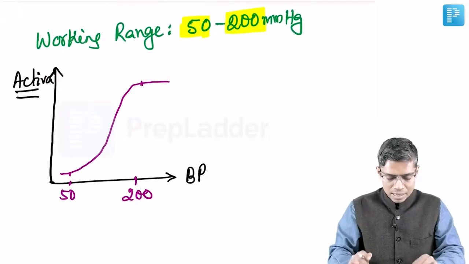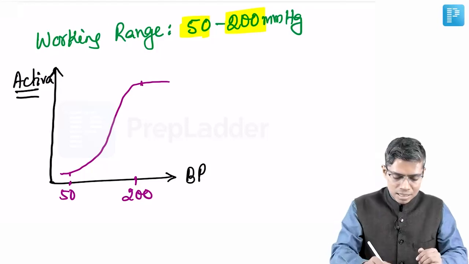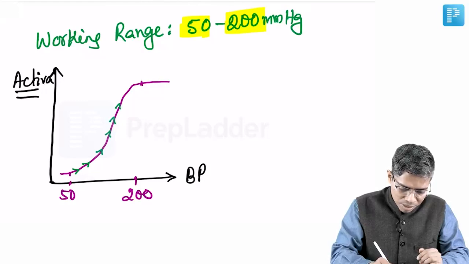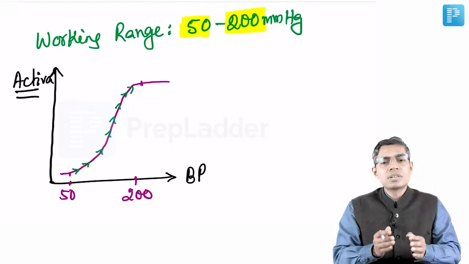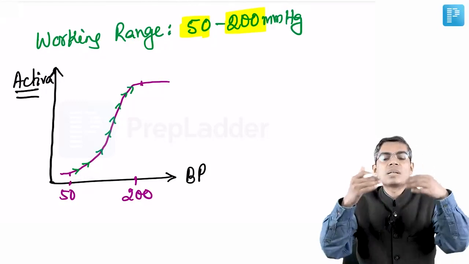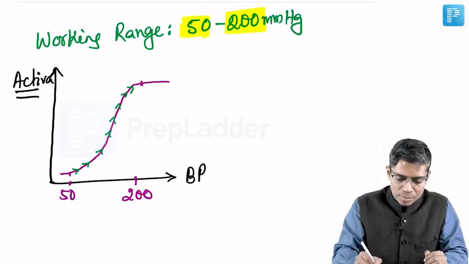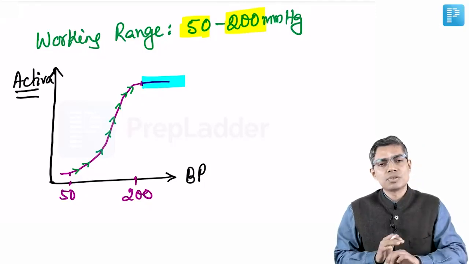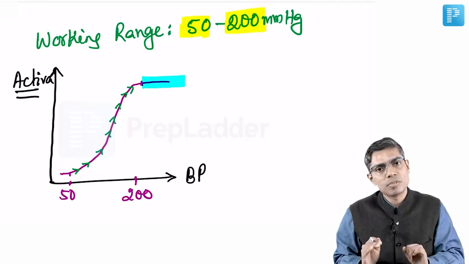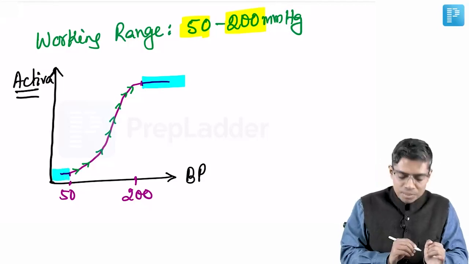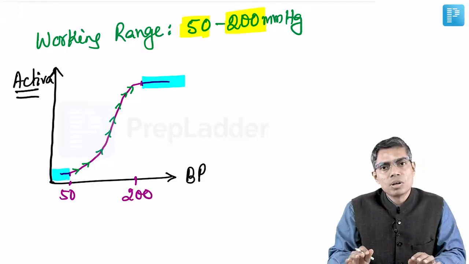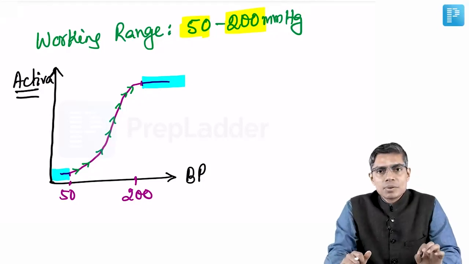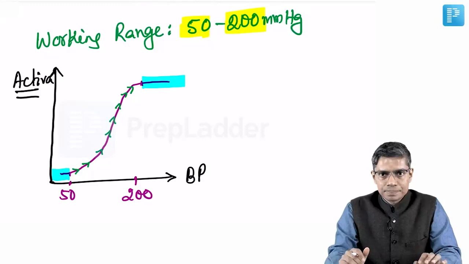So I can understand that if my blood pressure is changing from 50 millimeter of mercury towards 200 millimeter of mercury, baroreceptor is going to be activated more and more. But whenever your blood pressure is more than 200 millimeter of mercury, the response is plateau, means no further activation of baroreceptor is possible. If the blood pressure is below 50 millimeter of mercury, baroreceptor is almost or completely inactivated. This is the meaning of the baroreceptor activation curve.